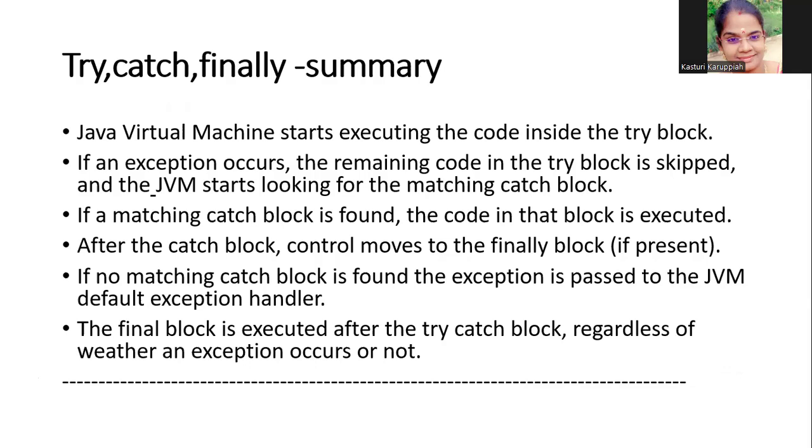And then the finally block is executed. The default exception handler may not show a proper exception, but it will display some message. And what is the use of the finally block? The finally block is executed after the try catch block, regardless of whether there is an error or not.